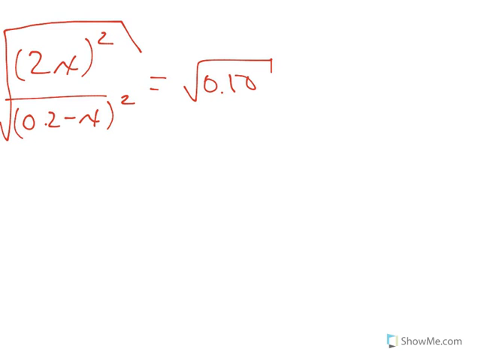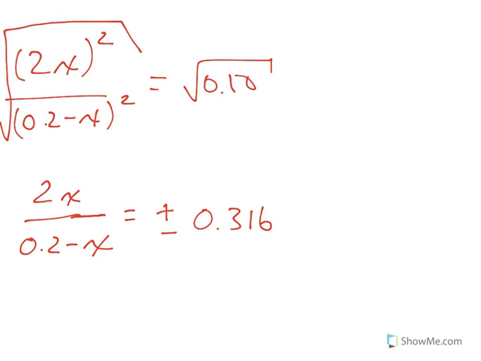So when I take the square root of the left side, that reduces this guy down. And the square root of 0.1 is equal to plus or minus 0.316.